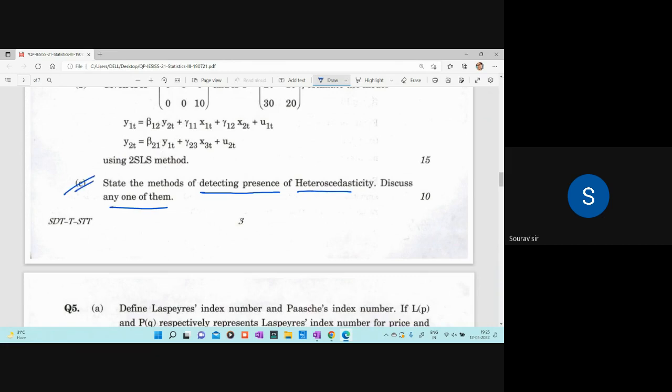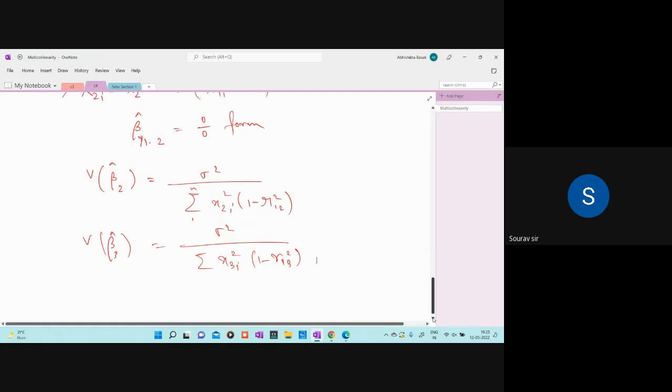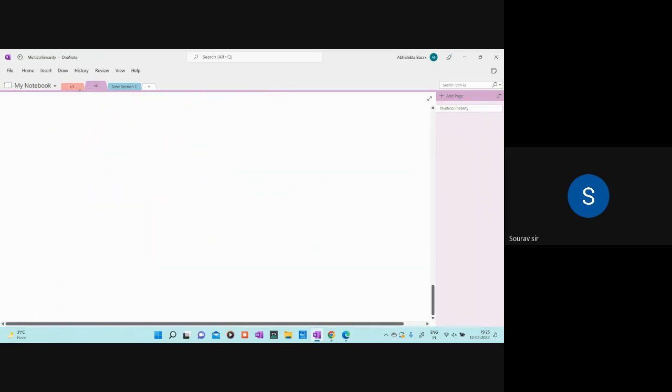So, how many methods do you know of detection of heteroskedasticity? Can you name any of the methods, please?